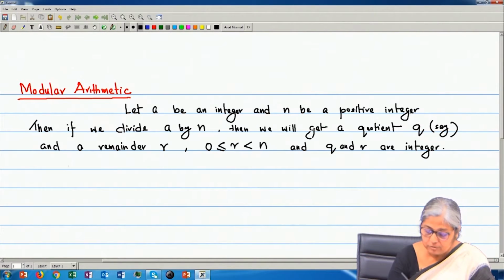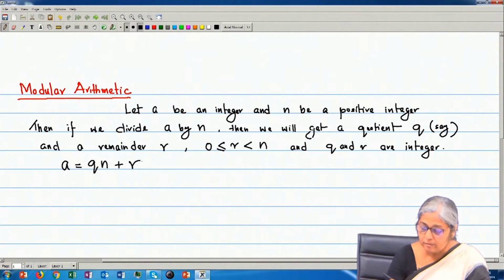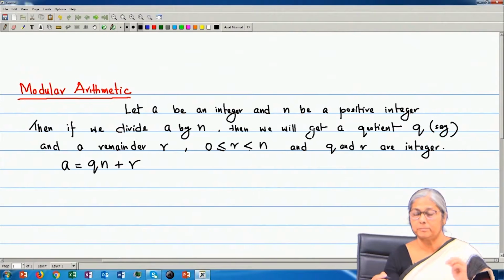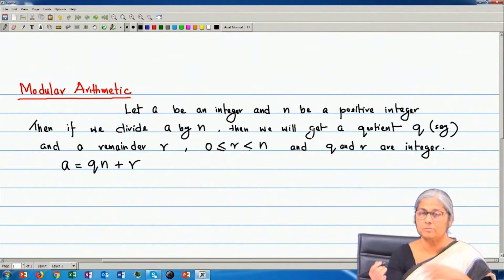So, we can write that A equals q n plus r, where the remainder r is greater than or equal to 0 and less than n. If A is divisible by n, that means there is no remainder, that means r is 0.